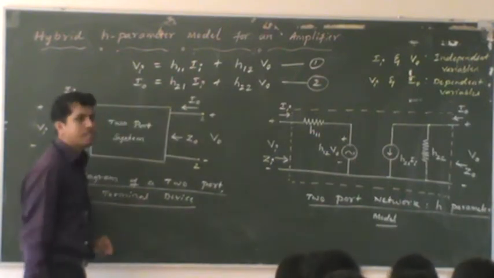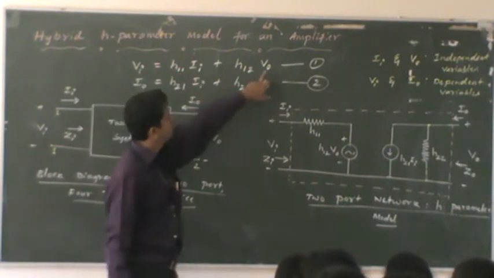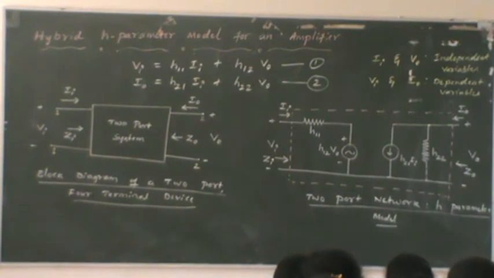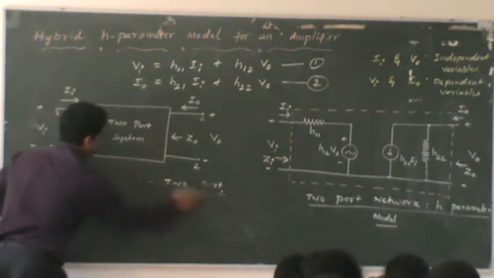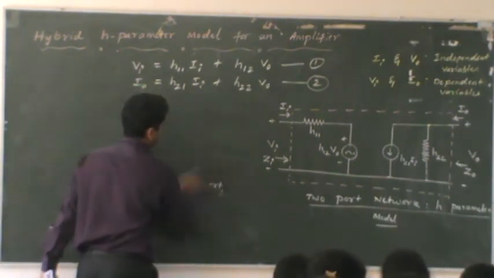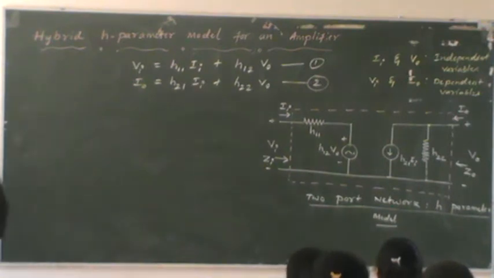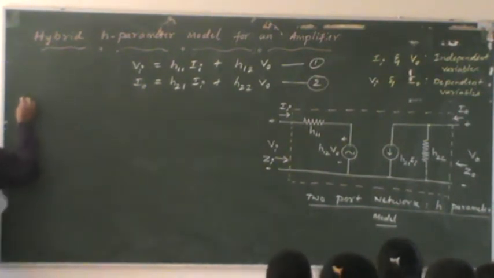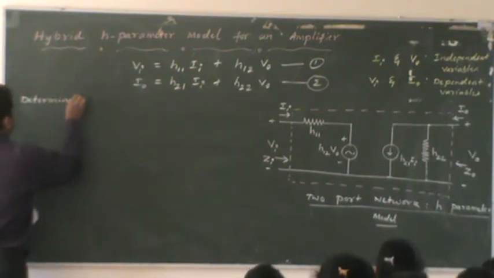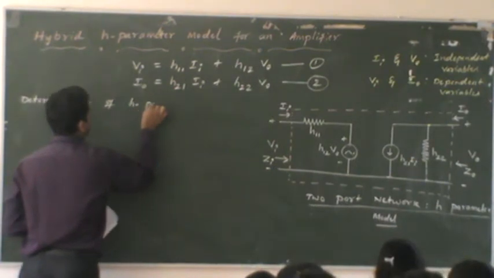So let's find out H11 first. If you want to find out H11, in equation number 1, substitute V naught as 0. Let's substitute V naught as 0 and try to find out what this H11 is. So you can give a title as defining H parameters: Determination of H parameters.